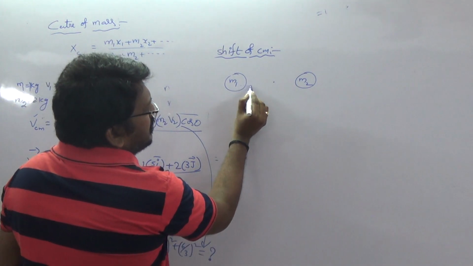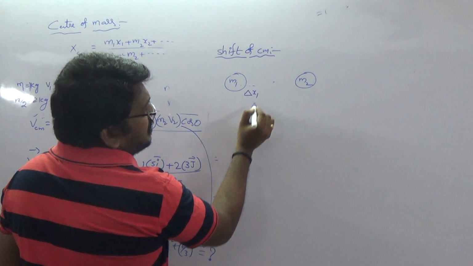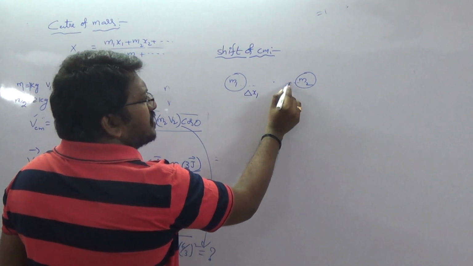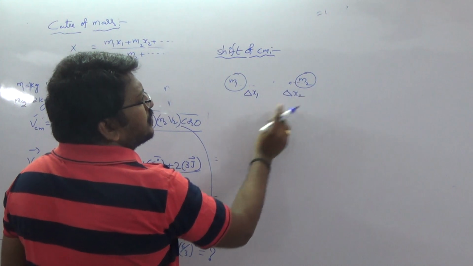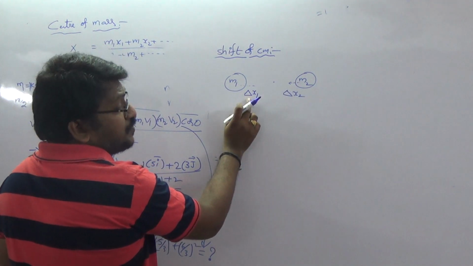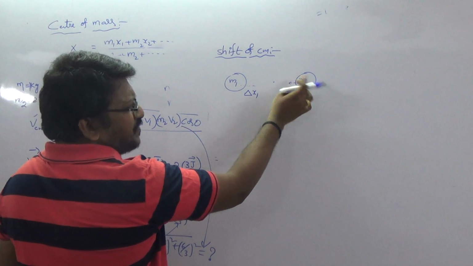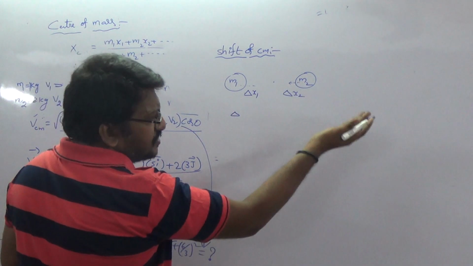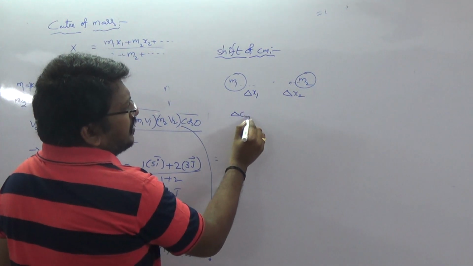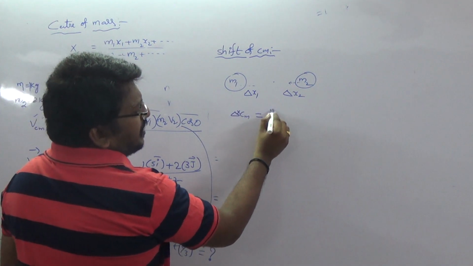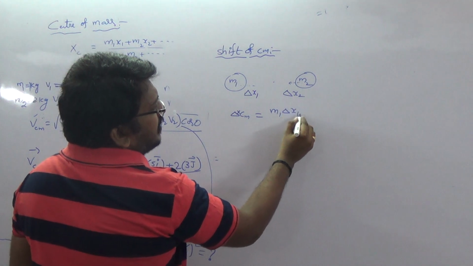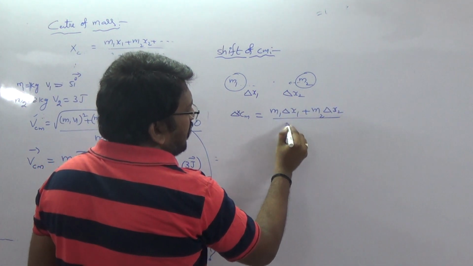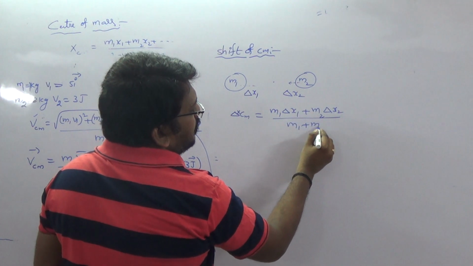When the first particle is displaced by distance delta x1 and the second is displaced by distance delta x2, what is the shift of the center of mass? Delta x CM is equal to (m1 delta x1 plus m2 delta x2) by (m1 plus m2).